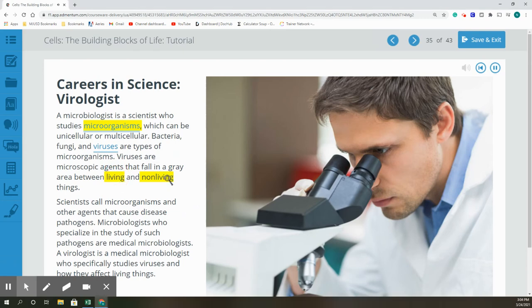Scientists call microorganisms and other agents that cause disease pathogens. Microbiologists who specialize in the study of such pathogens are medical microbiologists. A virologist is a medical microbiologist who specifically studies viruses and how they affect living things.